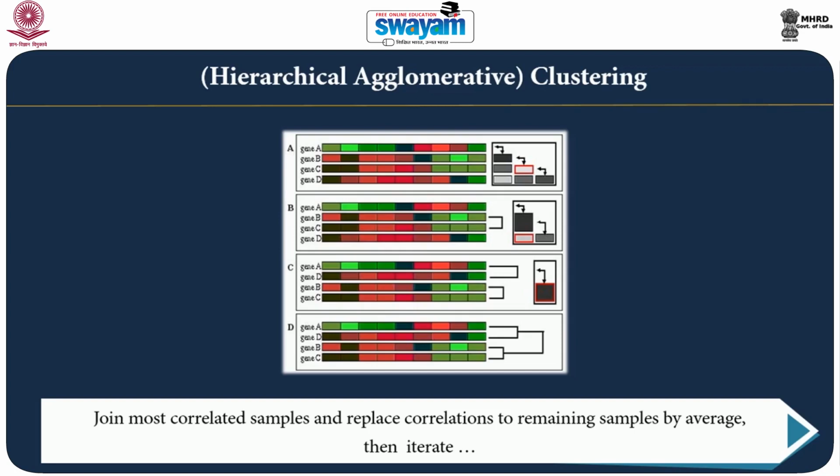Now when we look into the data and ask a very simple question, okay, when the cell is dying, what sets of genes are behaving together, and what sets of genes are clustered together?